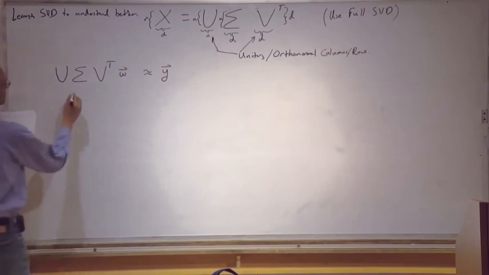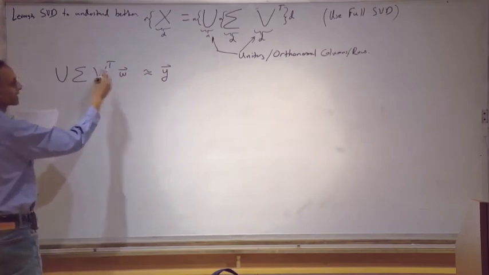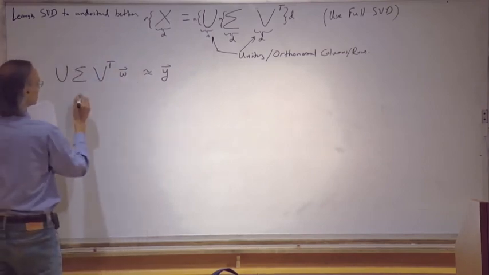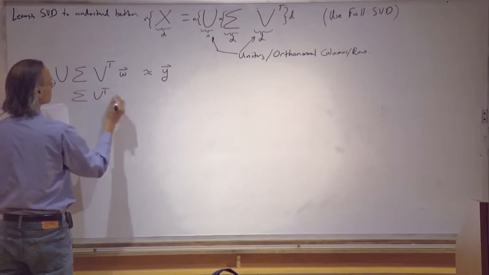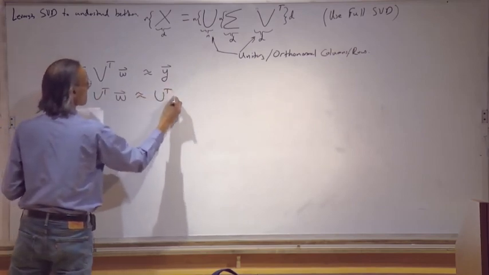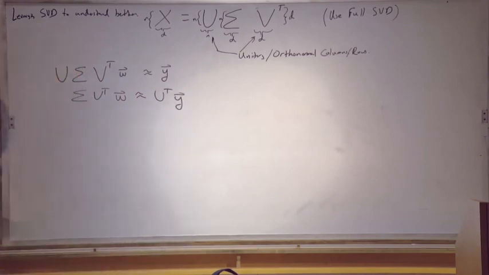This is the same problem because when I say approximately equal to, I mean, in two norm, the difference should be small. So I can rotate everything, and it's the same problem.